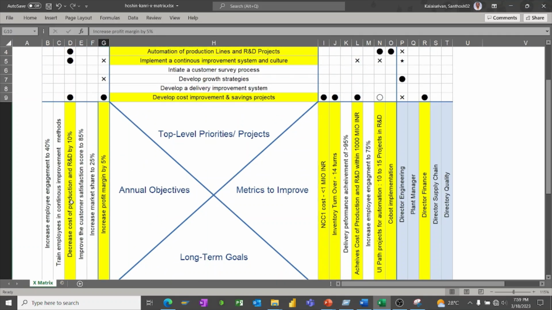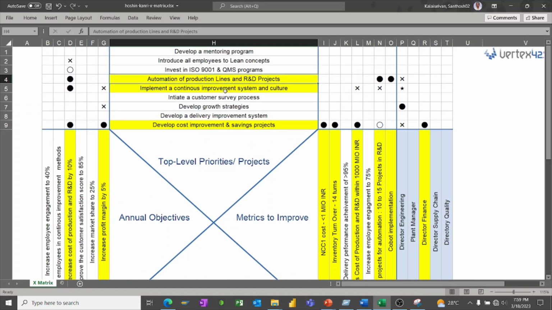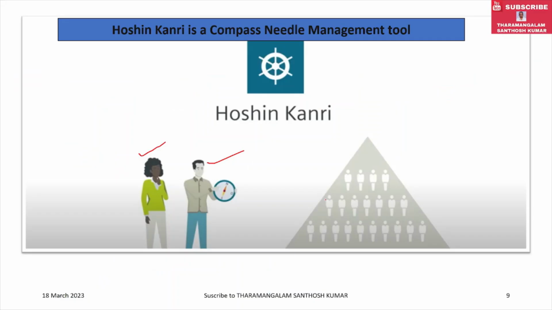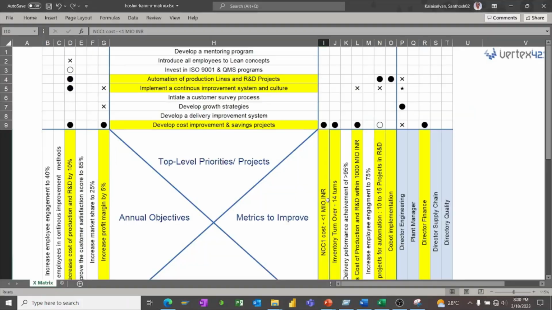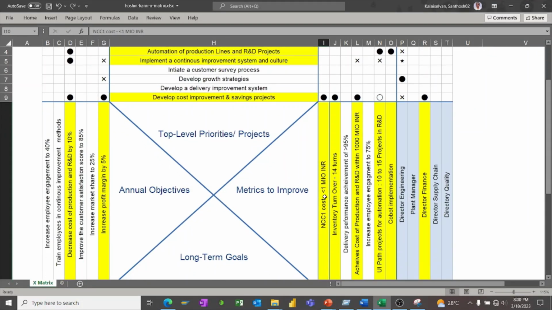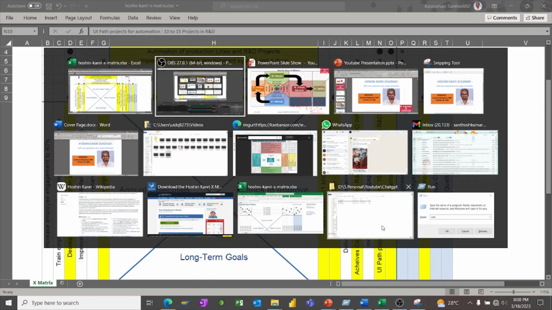We have to achieve all this: decrease the cost of production and R&D by 10%, increase the profit margin by 5%, and automation of production lines, implement a continuous improvement system, develop cost improvement and saving projects. She also explains how much by reducing the NCC1 cost and automating the projects within R&D. He explained it to her very clearly.